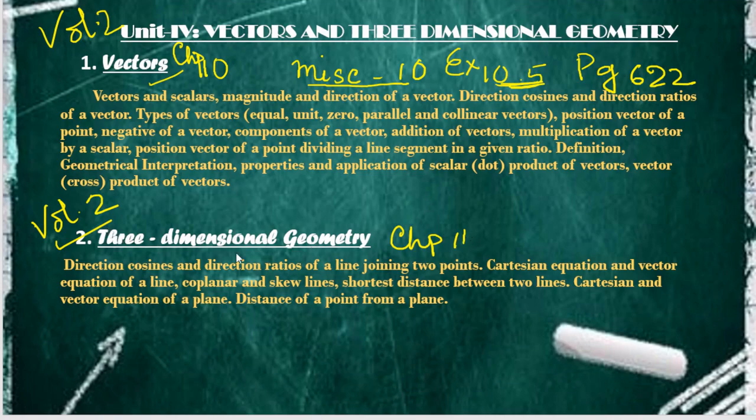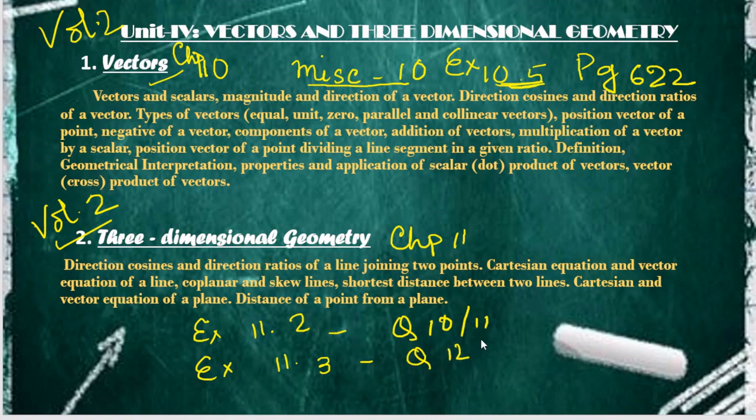And from chapter 11 or 3D geometry, from exercise 11.2, question number 10 and 11, from exercise 11.3, question number 12 and 13, and from miscellaneous exercise, question 3 and 5 has been removed. So this much part has been removed from this unit.